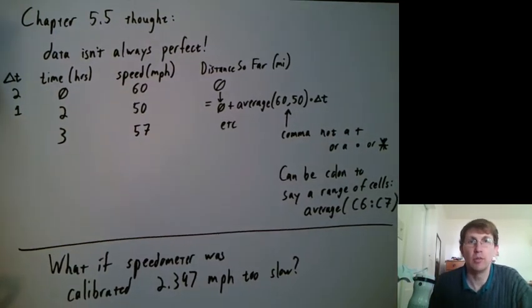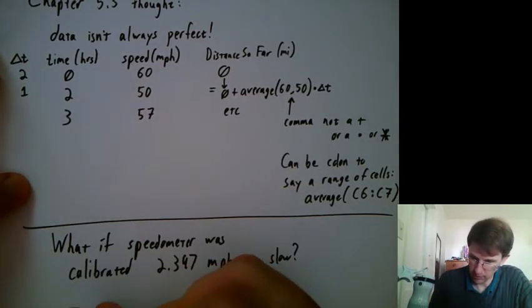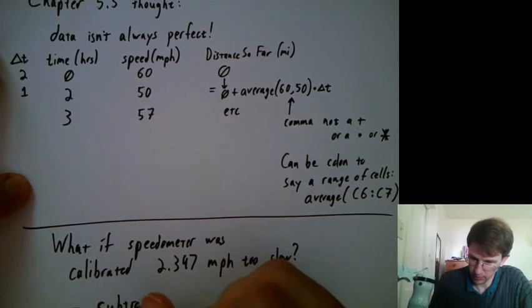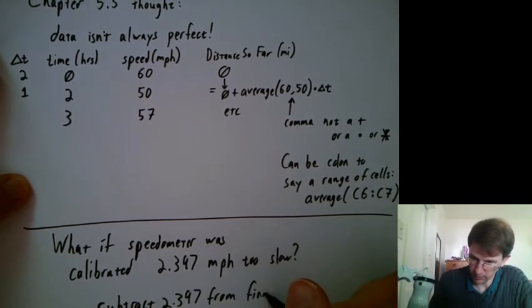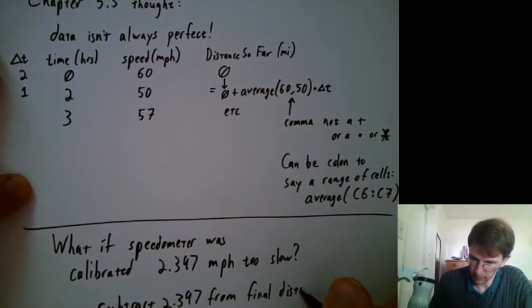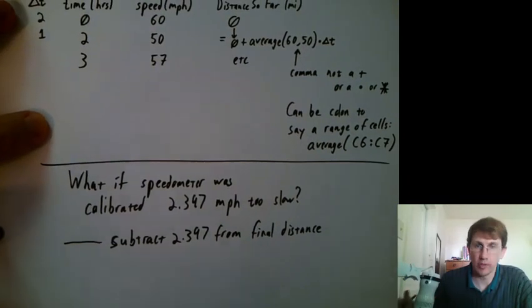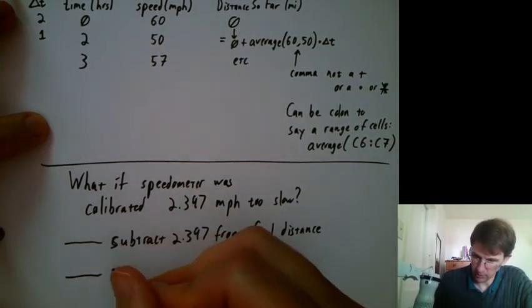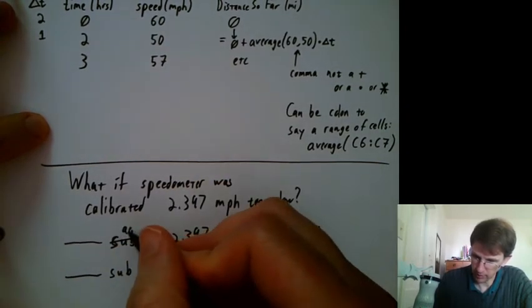What should we do with what happened? So here's two options. We could subtract 2.397 from the final distance. Well, that's one option. We could subtract, oh sorry, too slow, so we should add, right?